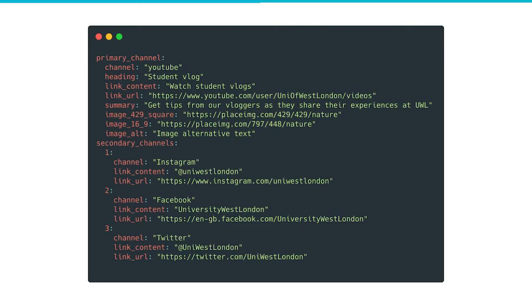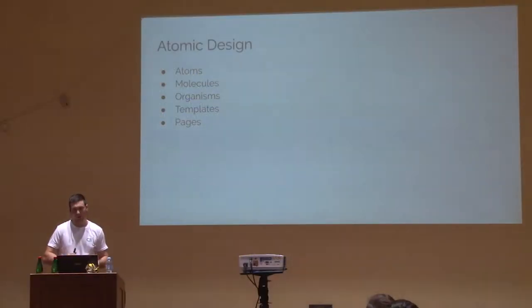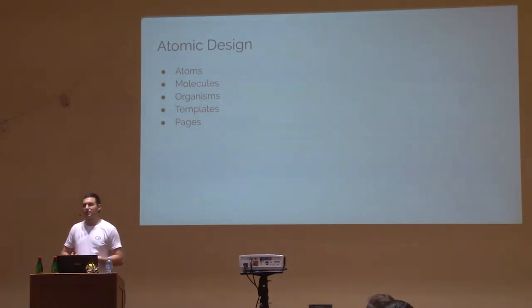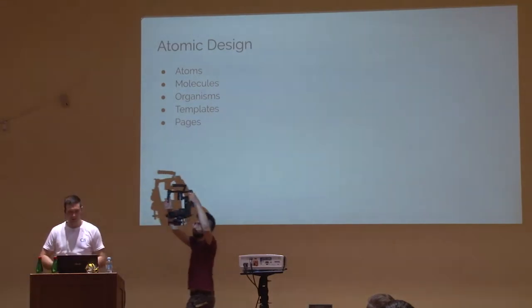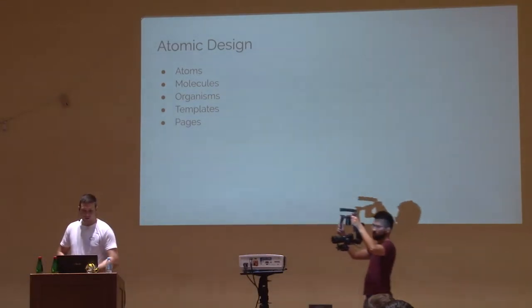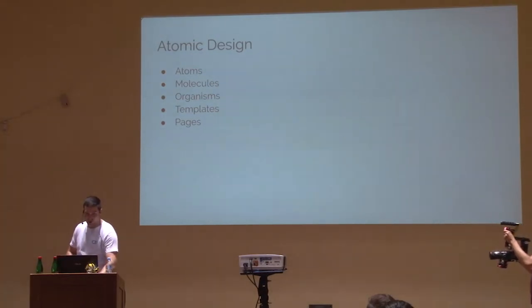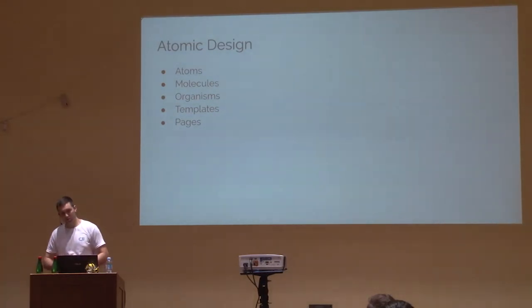Now, a little bit, I will try to do this quickly, about atomic design. It consists of atoms, which are the smallest parts. Things like headings, styles, buttons, body text, or images. Then there are molecules, which combine several atoms.